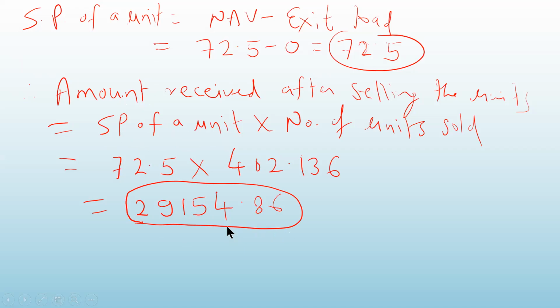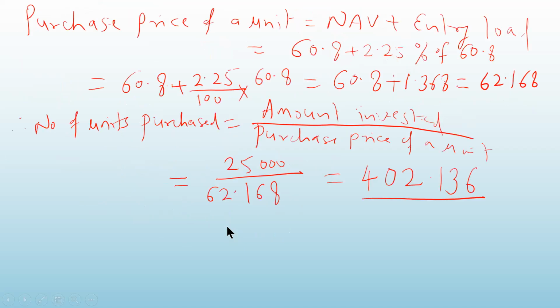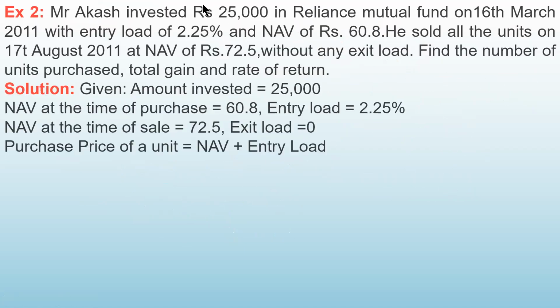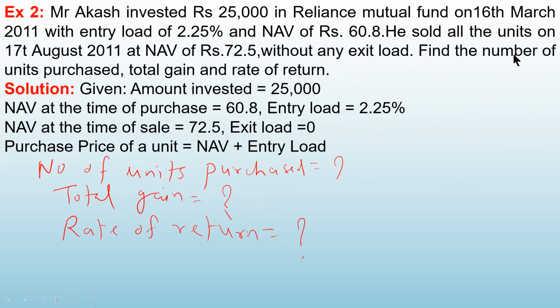Now we have got amount received and amount invested. We already know it is 25,000. So we can find out the total gain. So let us calculate the total gain. Therefore, total gain is equal to amount received minus amount invested.